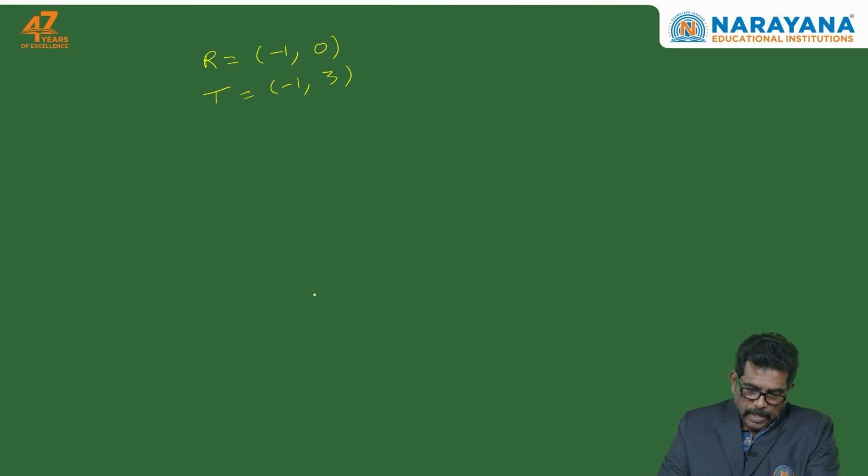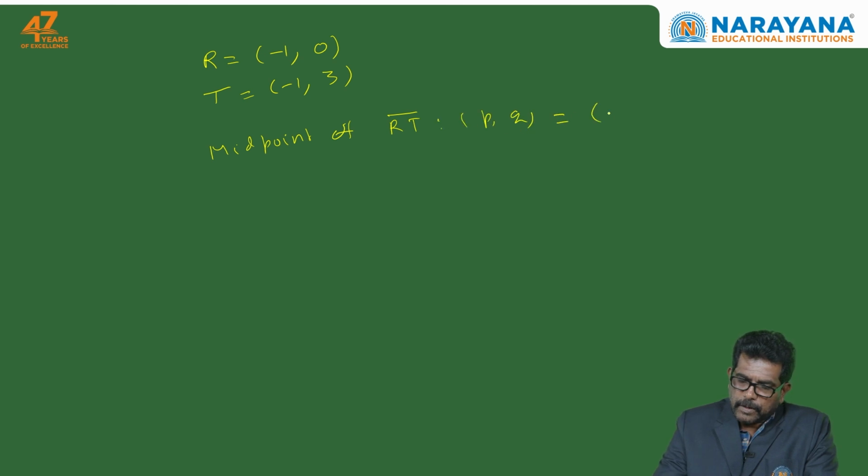Now they asked the midpoint of RT bar, which is (P, Q). So (P, Q) is equal to (minus 1, 3 by 2).